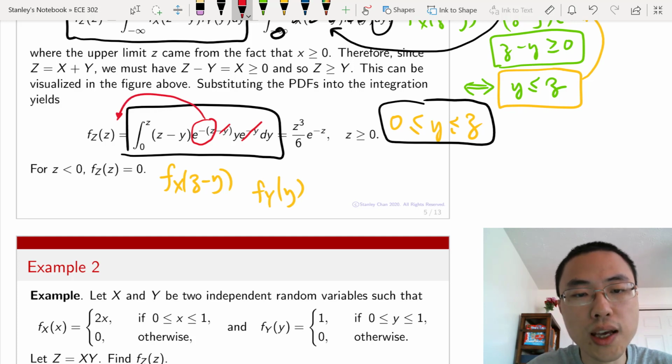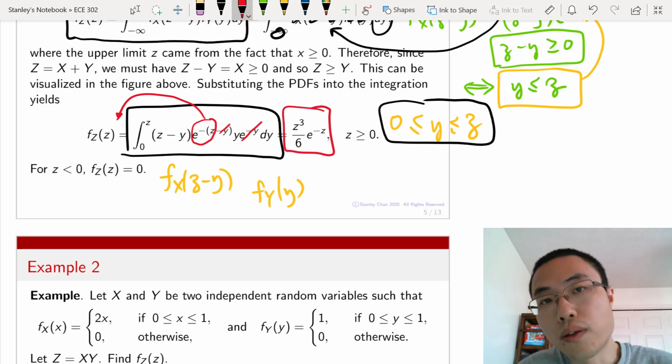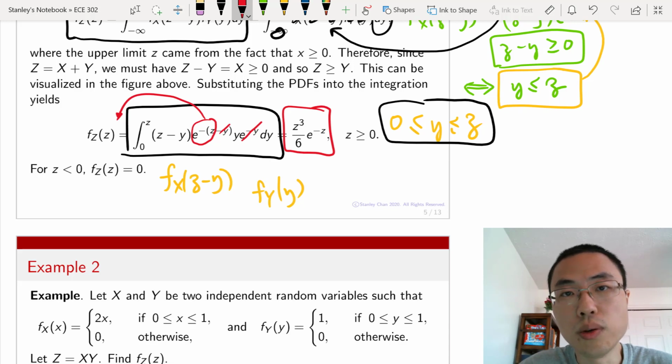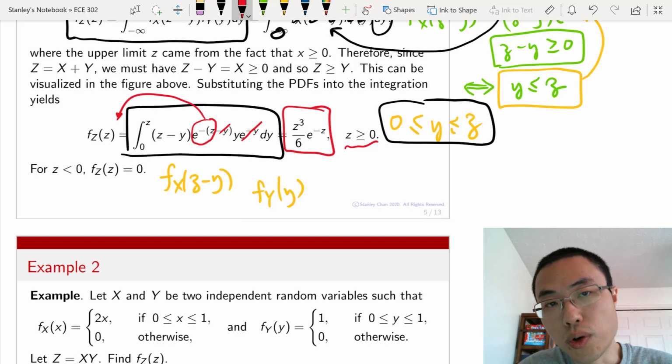What you will have left is a quadratic expression of zy minus y squared, and we know how to calculate that. So you do this calculation and you show that the answer is z to the power 3 divided by 6 times e to the power minus z. And that's true for any z bigger than 0.